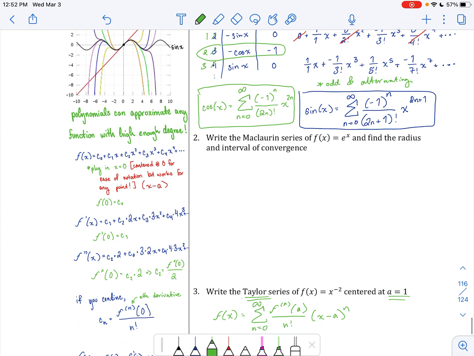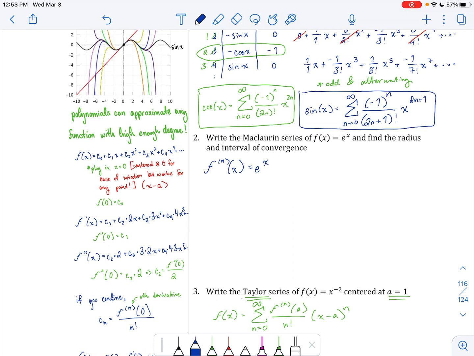Now, write the Maclaurin series for f of x equals e to the x and find its radius and interval of convergence. This is one that's really common to memorize, and the main reason for that is the nth derivative of e to the x is just e to the x. It's the same thing, right?